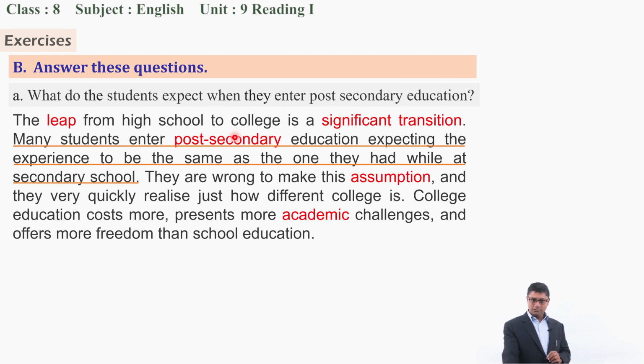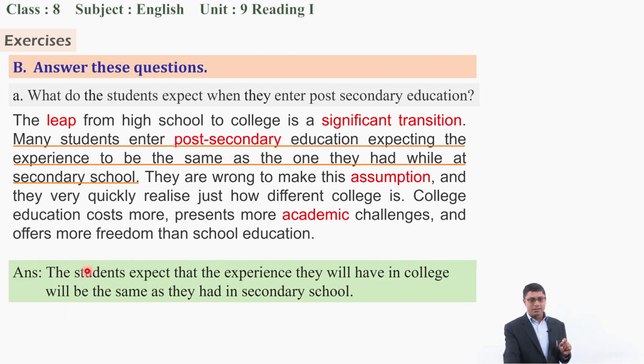You find the answer from there. Now please do write the answer. Did you write? Alright, is your answer similar to this one? The students expect that the experience they will have in college will be the same as they had in secondary school.